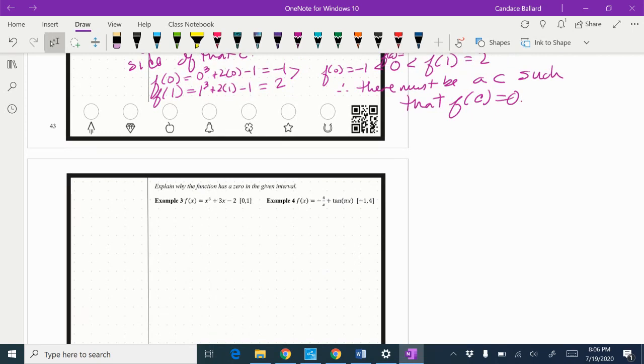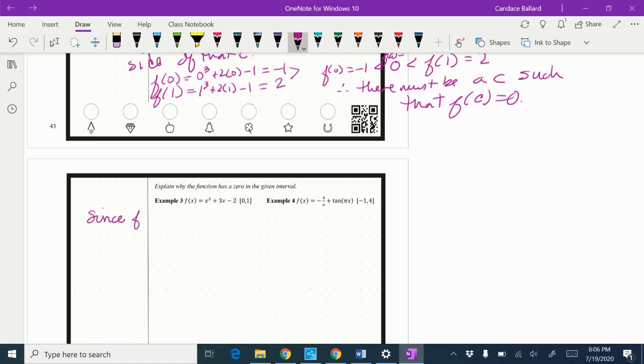Okay, so we are supposed to explain why the function has a 0 in the given interval. So the very first thing you want to do is state that your function is continuous. Again, we have a polynomial in example 3, so I'm going to state that it's continuous.